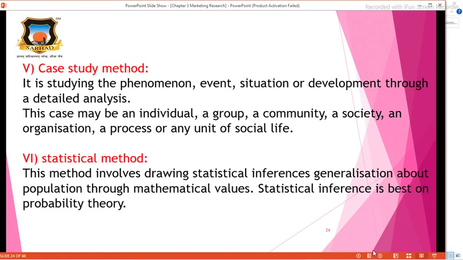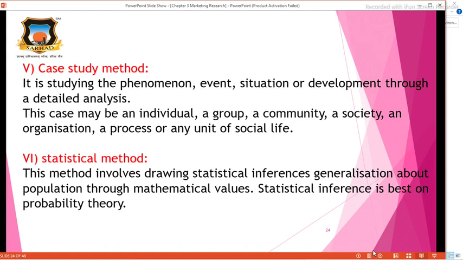It is studying a phenomenon, event, situation or development through a detailed analysis. This case may be an individual, a group, a community, a society, an organization, a process, or any unit of social life.